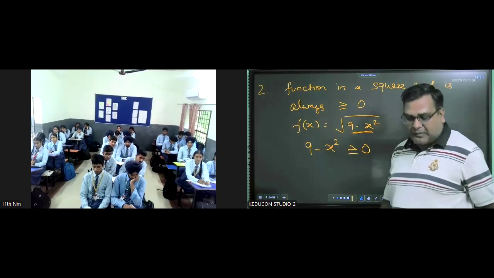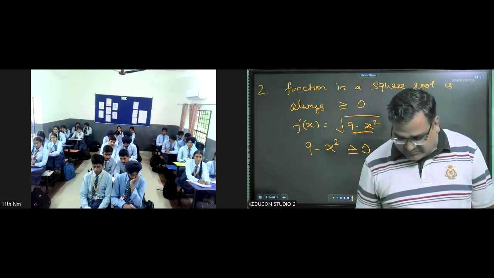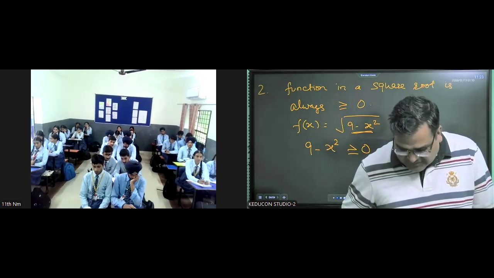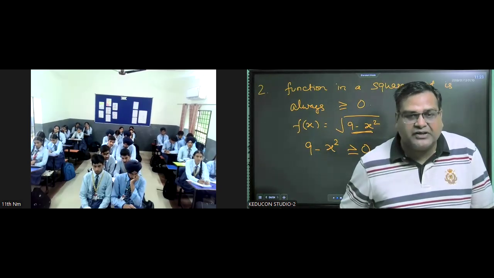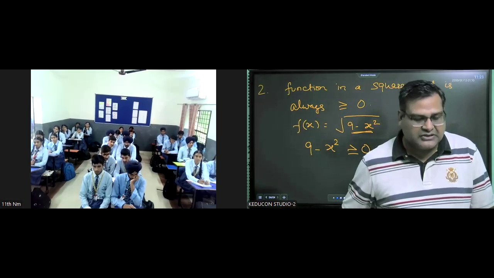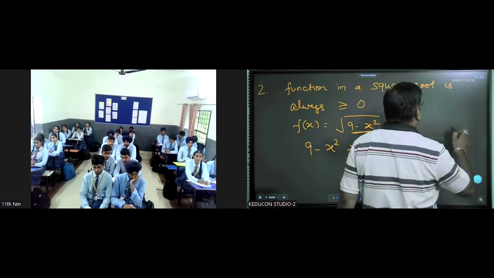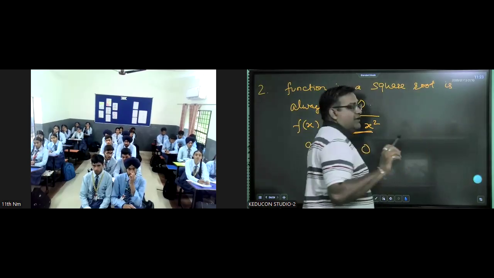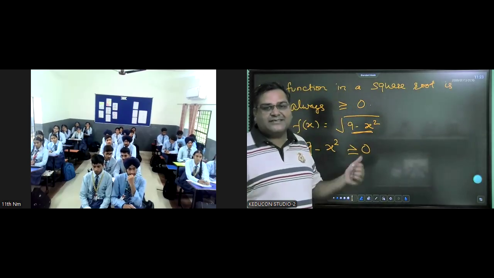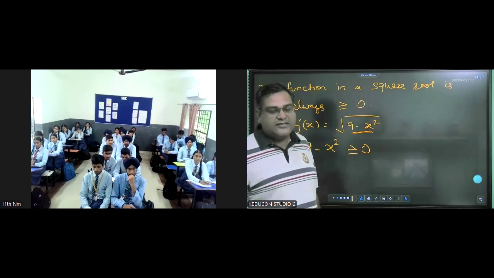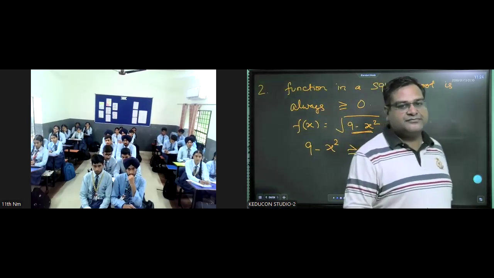Bache, have you done the complex number? Have you done the complex number or not? Yes. Right. So, you know that if anything is negative inside the square root, what does it become? This is the real.